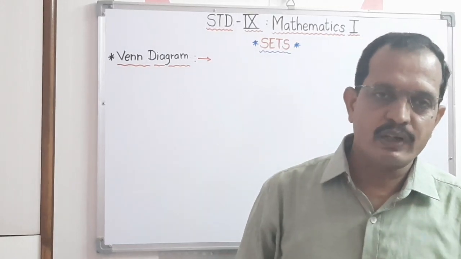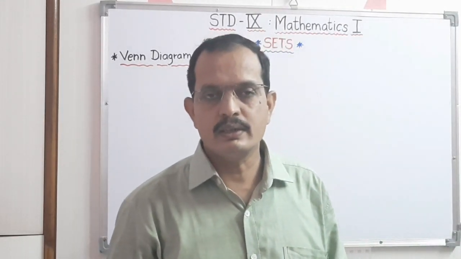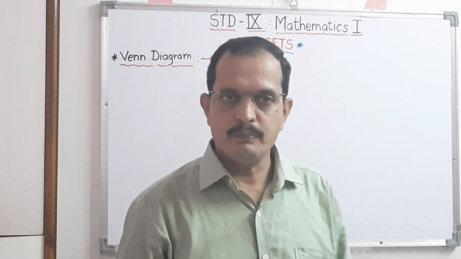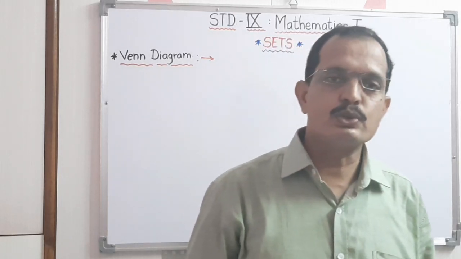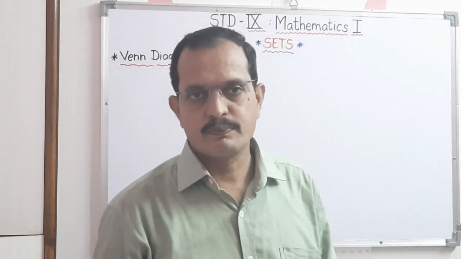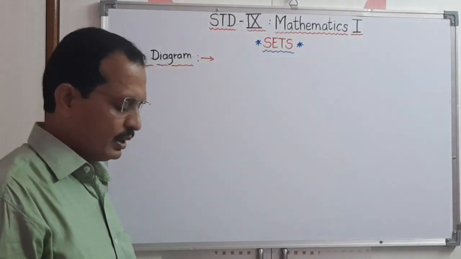If we use a Venn diagram, then it is easy to understand the relation between sets, and it is easy to solve various sums based upon sets. So let's start with the Venn diagram.